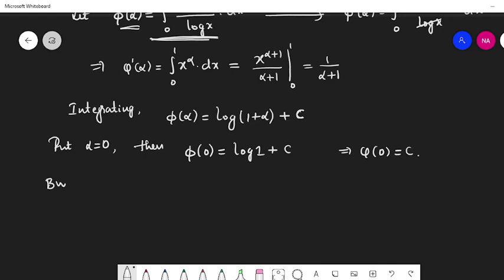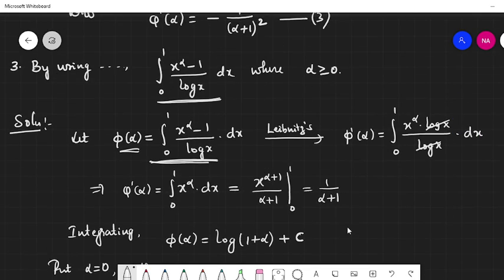But from equation 1, look into equation 1 now. What is equation 1? Equation 1 is this. Okay, we have not called it. Call this equation 1. So from this, if you put alpha equal to 0, x power 0 minus 1 by log x.